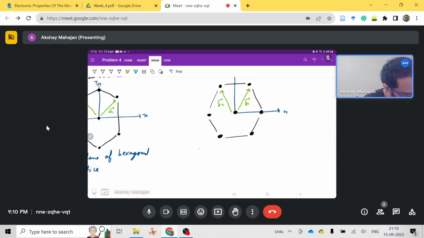So this will be the xy plane of the reciprocal lattice from the hexagonal lattice.